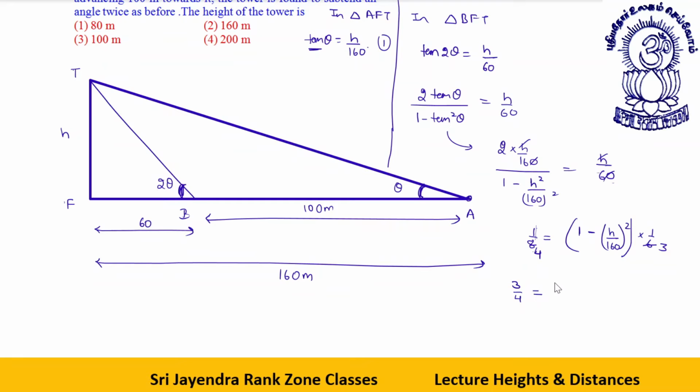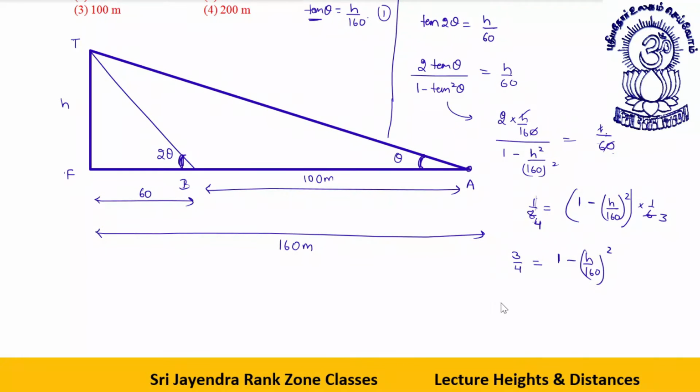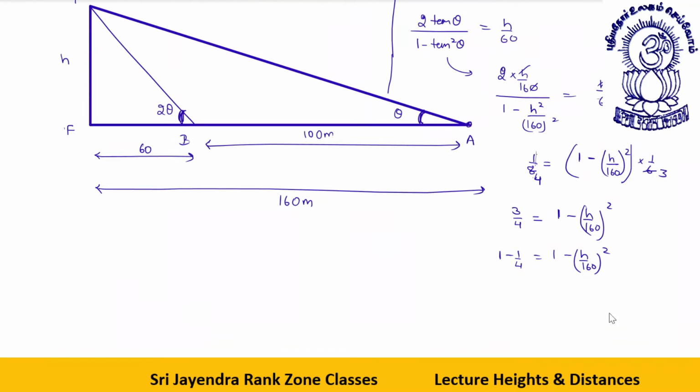Now 1 by 4 is equal to, in fact better write, 3 by 4. This 3 by 4 is equal to 1 minus (h by 160) square. Think logically. 3 by 4 is actually what? 1 minus 1 by 4 is equal to 1 minus (h by 160) square. It means 1 by 4 is actually half square.